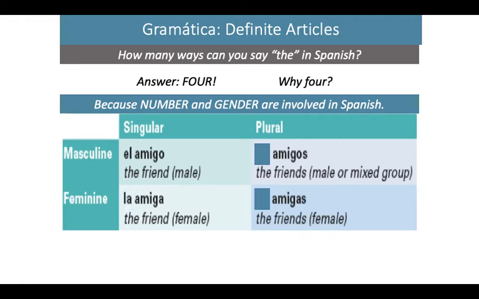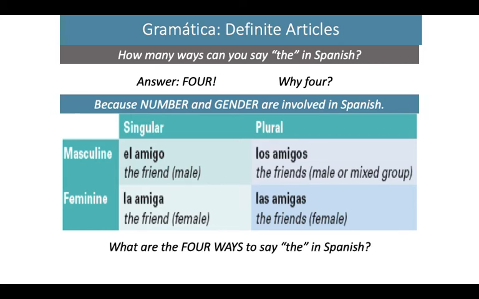El, la, los, and las. What are the 4 ways to say the? El, la, los, and las. Because of gender, el, la, masculine, feminine, and number, los, las, the plural forms.